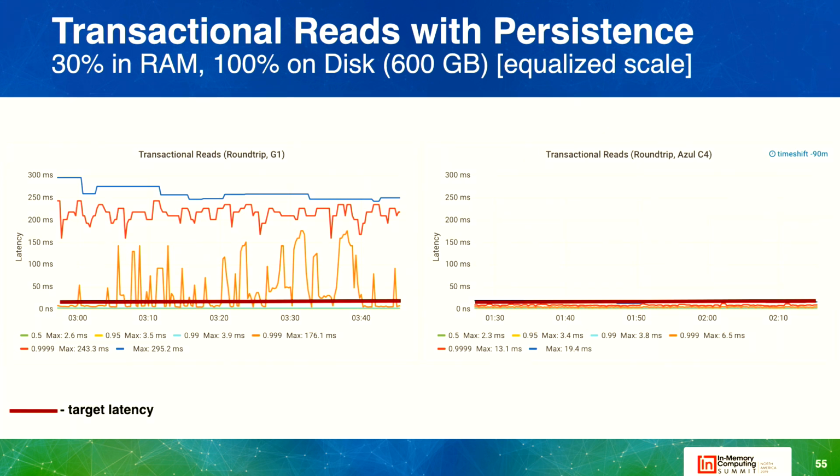What about transactional reads? That's the SLA, that's the cross mark. You can see that even for 2.9 or even for 3.9 SLAs, unfortunately G1 was not able to meet the SLA requirements. But with Azul Zing, we are still pretty far from that point, not crossing it.